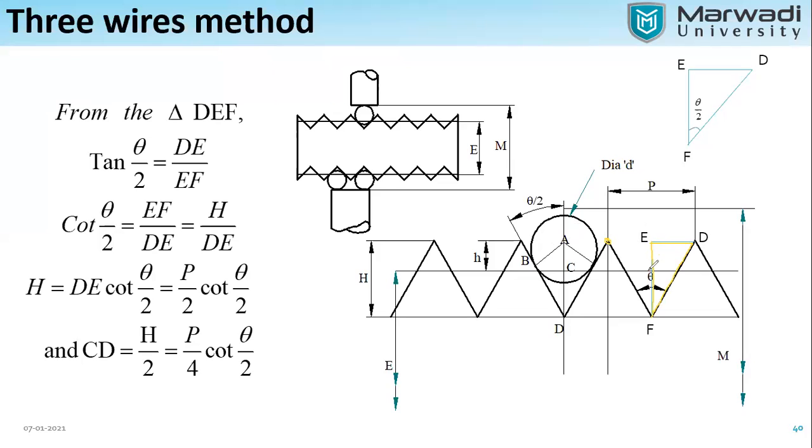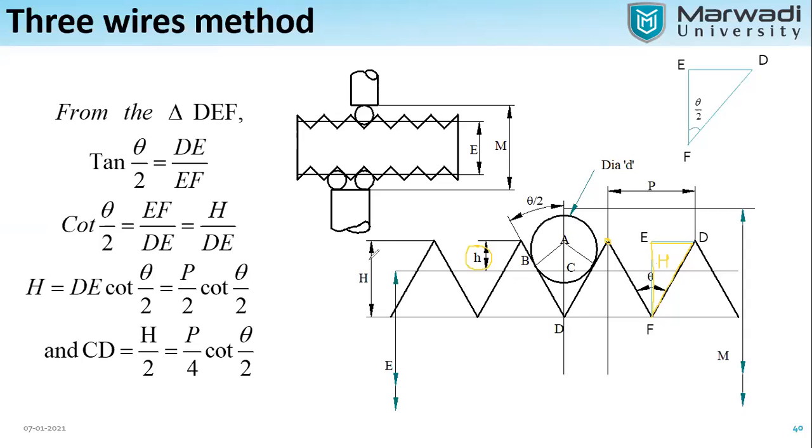This is the triangle we have to consider. EF is half of the depth of thread. This half part will be the small h. How can we find this distance CD?